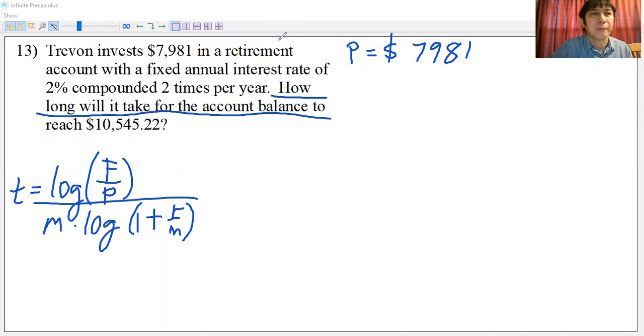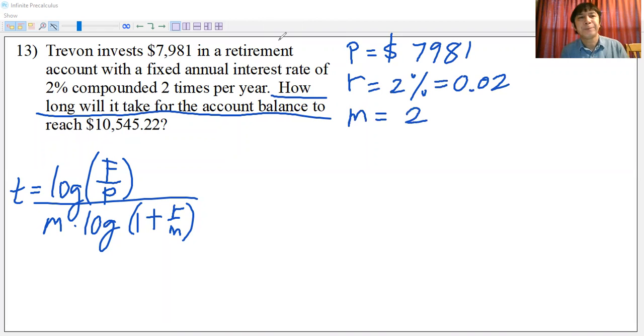Fixed annual interest rate of 2%, so that's R, equivalent to 0.02. 2 times per year, that will be the compounding period, semi-annually, that goes to our M.